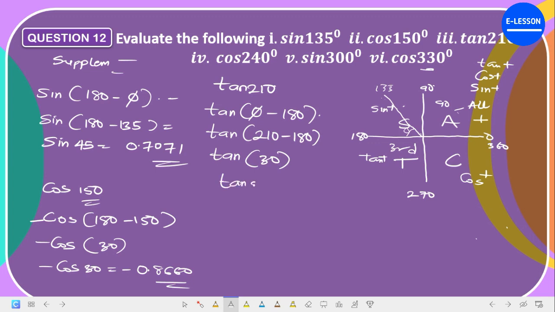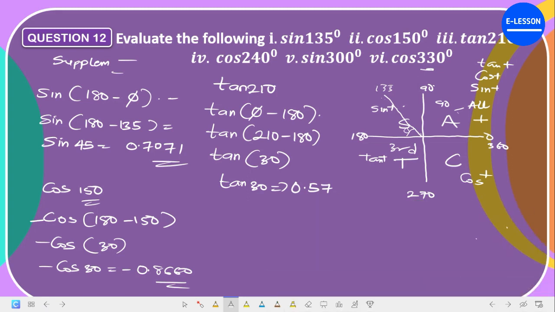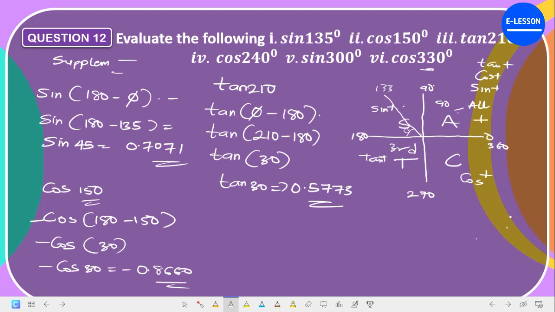If you check tan 30 with your calculator, it gives 0.5773, and that is the solution to that question. So tan 210 is the same as tan 30, which is 0.5773.